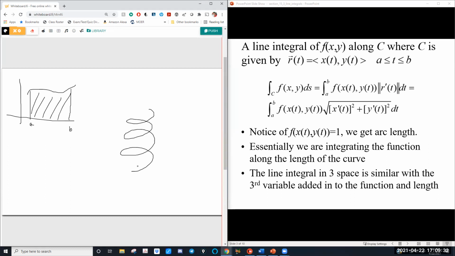Well, if we use the parameterization of this slinky, and this function here is the density of this slinky, this integral would give us the total mass of the slinky. That's not obviously the most important thing of a line integral, but I just want to give you something you can sink your teeth into, something that we get a feel for.